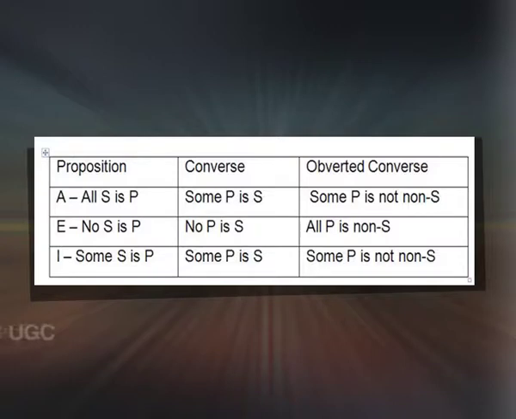Obverted converse. By obverting the converse of SAP, we get the obverted converse. O proposition has no obverted converse because it has no converse. A proposition, all S is P, converse some P is S, obverted converse some P is not non-S.